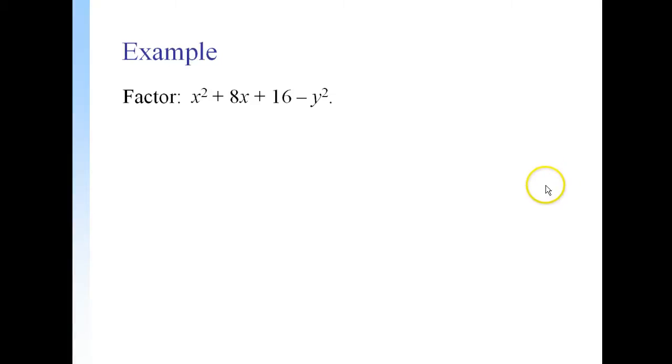All right, now this one is a little bit tricky because as you look at this one, you might think, well, I'm going to factor. Now, as we look at this one, it's a little bit tricky.